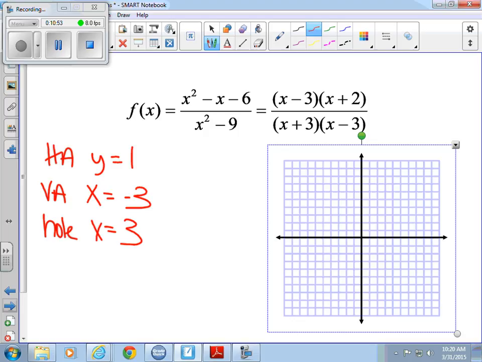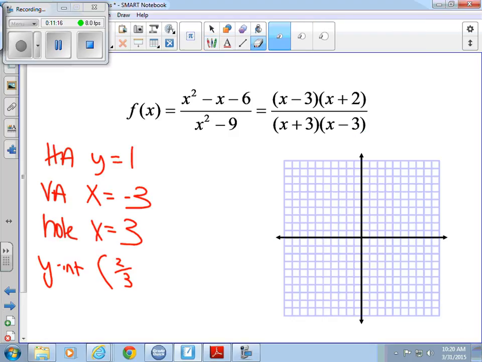Just for some extra information, you could get this from the calculator, but you could go ahead and find the x and y intercepts. For the y-intercept, you would plug 0 in for x, and it gives you -6 over -9, which is 2/3, because the negatives would cancel. So 2/3 is the y-intercept.